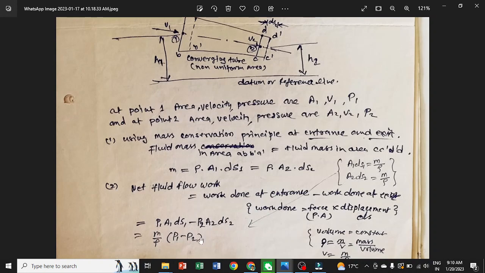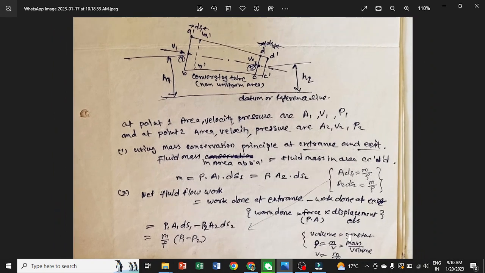So we will simplify that. We can put the value of A1 ds1. A1 ds1 we can call mass upon density. How does it come? As we know, density equals mass upon volume, and volume will be mass upon density.